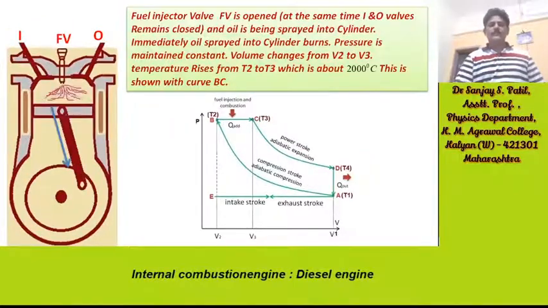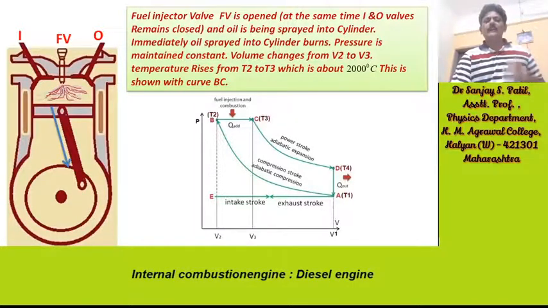Now we will see how the fuel injector valve works. The fuel injector valve FV is now open, and at the same time the inlet valve as well as the outlet valve are closed and oil is being sprayed into the cylinder. As soon as the oil is sprayed, it burns immediately.